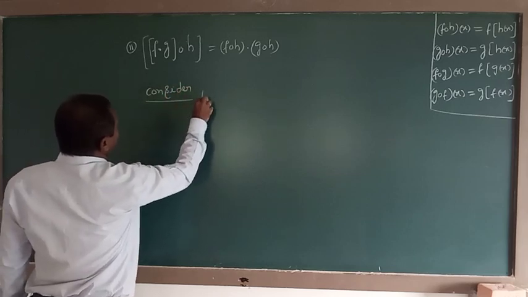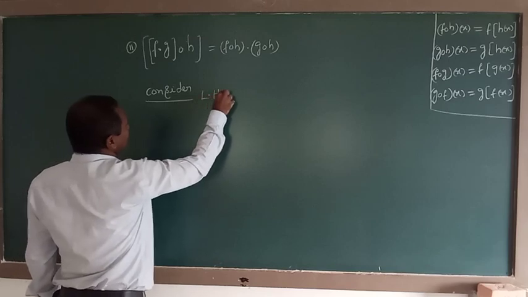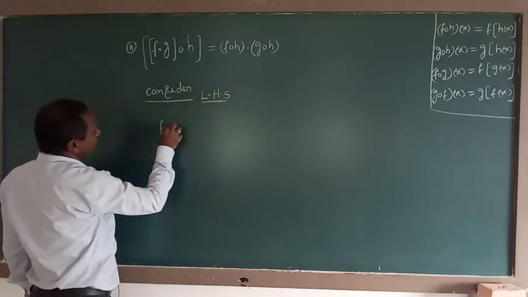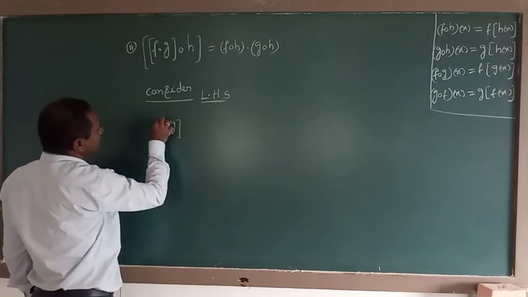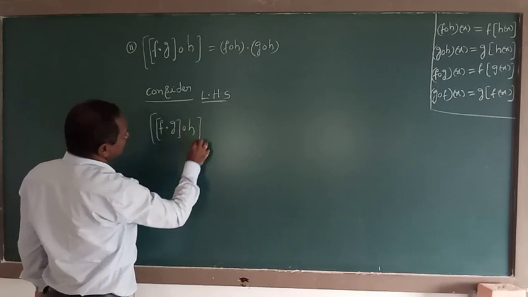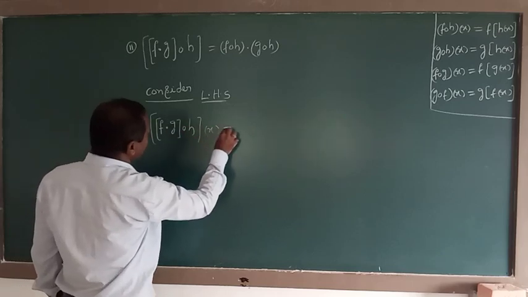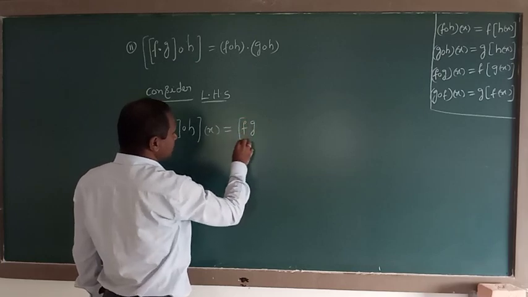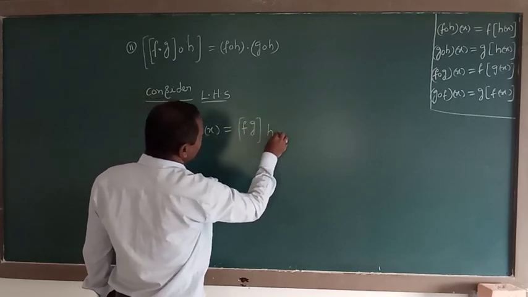Consider left hand side part here. Left hand side part is f dot g, f into g circle h of x, is equal to f into g of h of x.